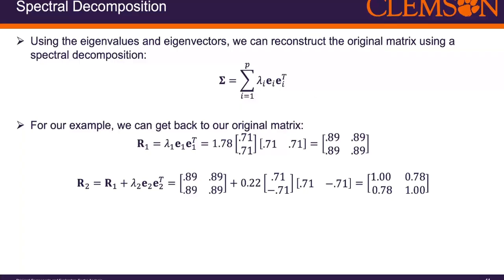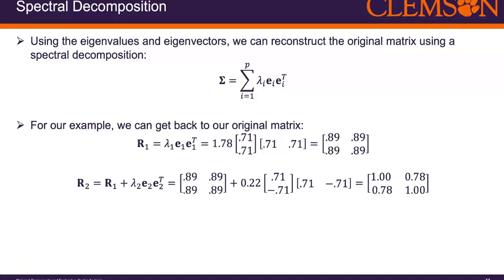So this is a way of showing that what we're doing with eigenvalues and eigenvectors is taking a smaller amount of the total information available from all the variables. Now, if we take that very first matrix and add to it the second eigenvalue times the second eigenvector times its transpose, what we end up getting back is the full correlation matrix. This decomposition of our matrix into a series of successive sums is called the spectral decomposition.